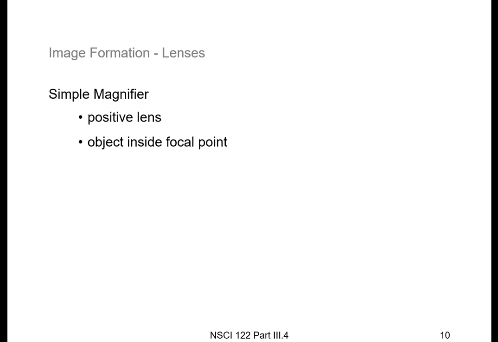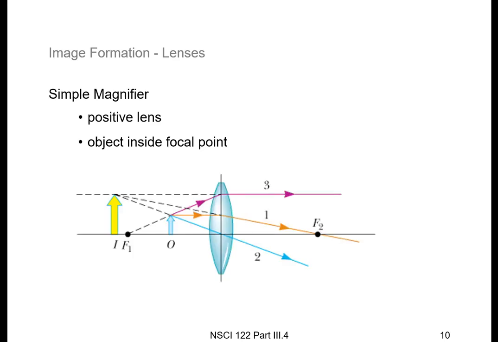We talked about the simple camera and the simple projector as applications of a positive lens. Well, here's a third application, a simple magnifier. Remember, a simple magnifier is a positive lens, but you put the object inside the focal point, meaning between the front focal point and the lens. And here's the ray trace. To see this virtual image, your eye or a camera lens would have to catch some of these diverging rays.